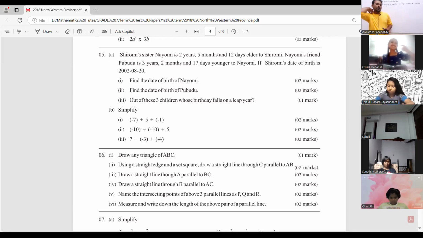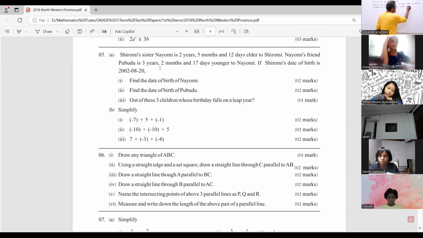Right? And another statement is given, Pubudu. Here is another person, Pubudu. Pubudu is 3 years, 2 months and 17 days younger to Naomi.